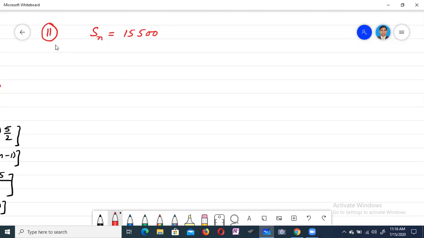He pays for this boat by making monthly payments that are in arithmetic progression. He is paying this amount in monthly installments, okay? And those installments are in arithmetic progression. The first payment that he makes is $140. First payment mean A1, that is $140.